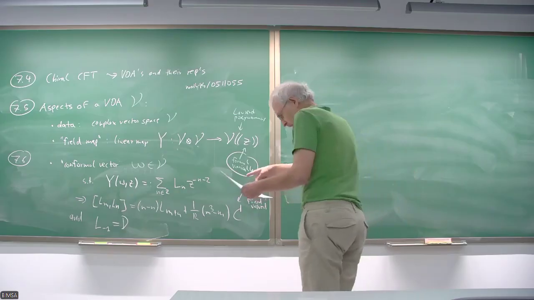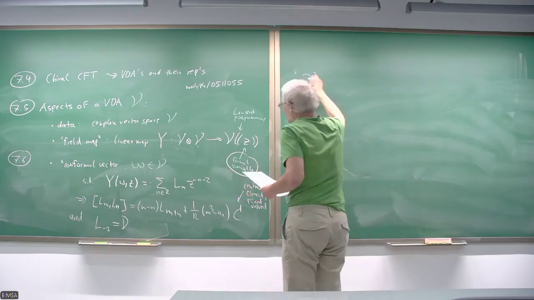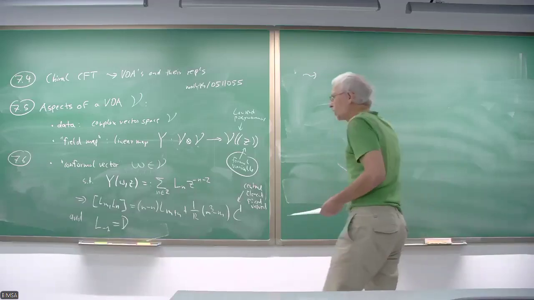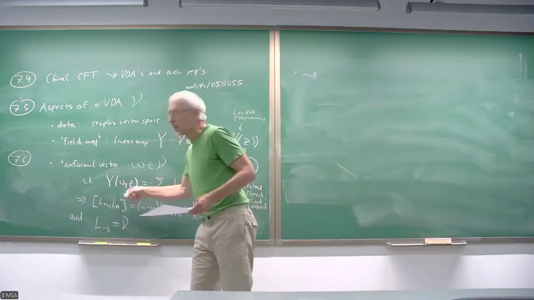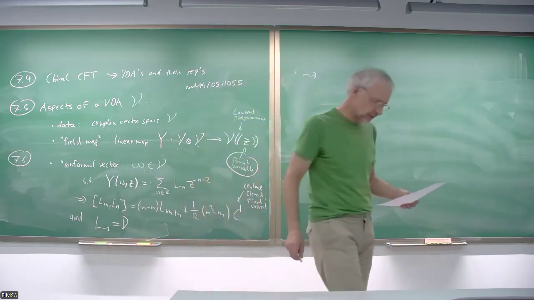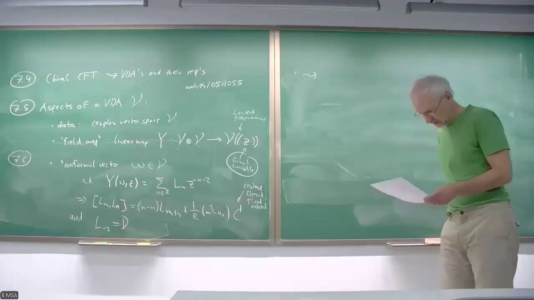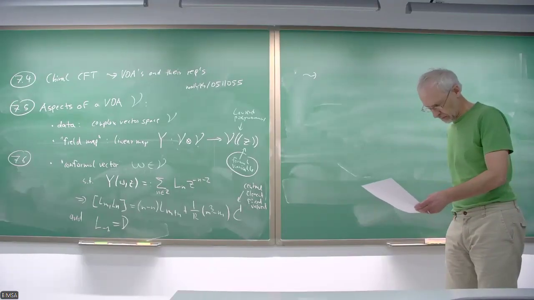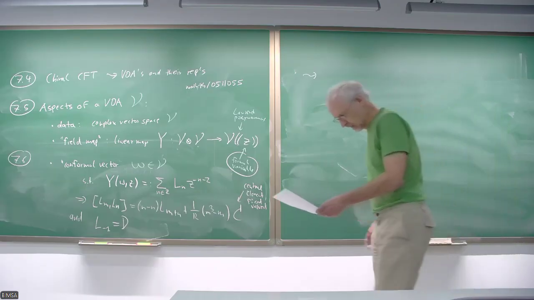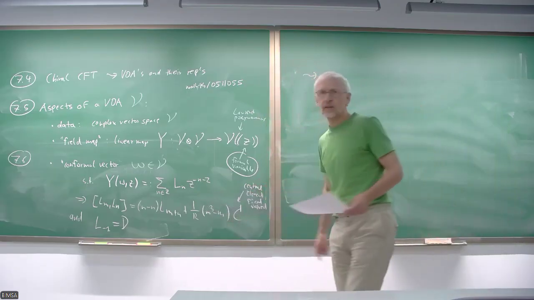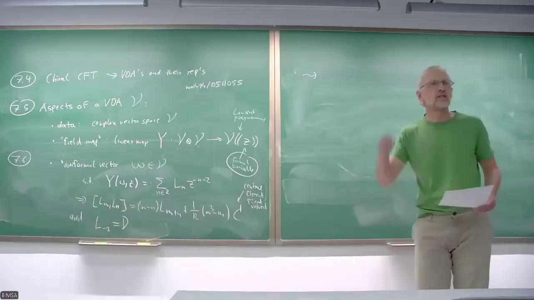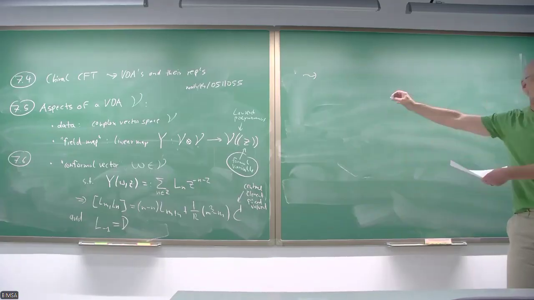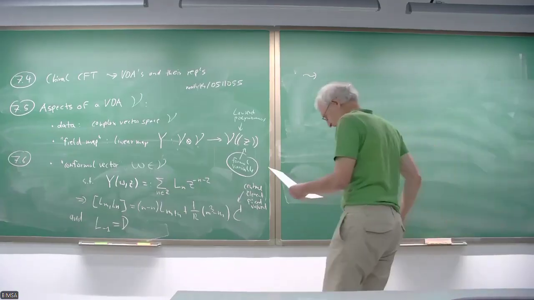In any case, what one gets in the presence of such a conformal vector, I should also say in physics, this field is often called the energy momentum tensor or energy momentum field, and some people call L_0 then also a Hamilton operator. Again, this is in the spirit of identifying vertex operator algebras and quantum field theory.